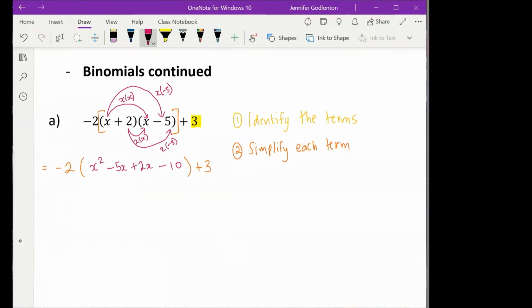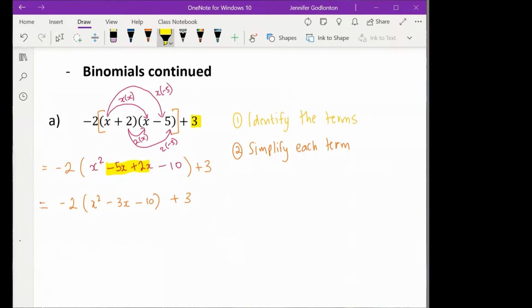First step is we're just doing our two binomials multiplied together. Second step, we want to add two like terms. I'm going to do this in orange because we're still working on simplifying each term. So I've got my negative 2, and now I've got x squared minus 3x minus 10, and then I've got this plus 3 just chilling there on the side.